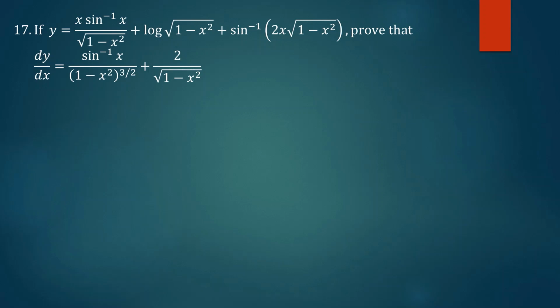Actually, in your exam, if you take these two terms only, this one and this one, the result is this one. And for the last part, differentiation is this. Okay, so in your exam, the last part may not be given, then the answer will be the first part only. And in some cases, the last function can also be replaced by another function.